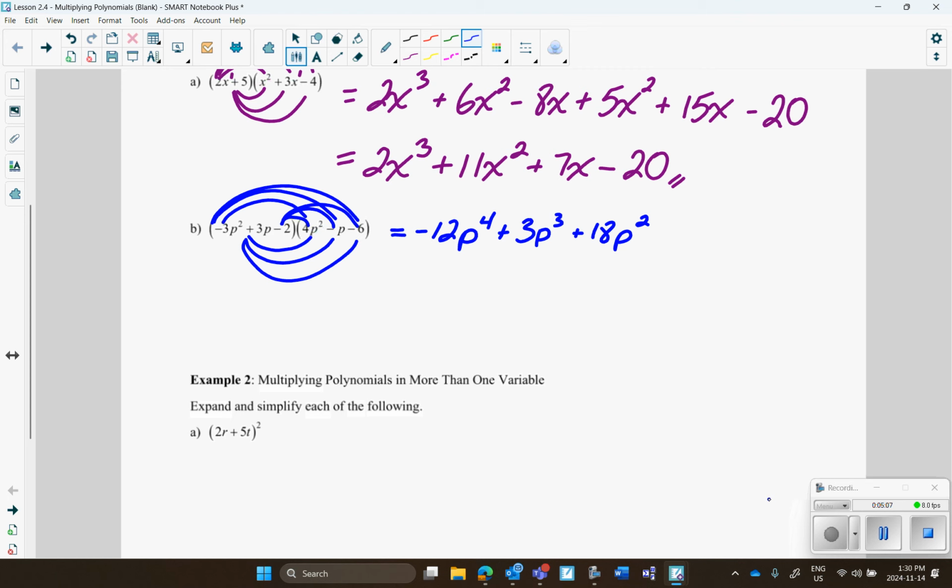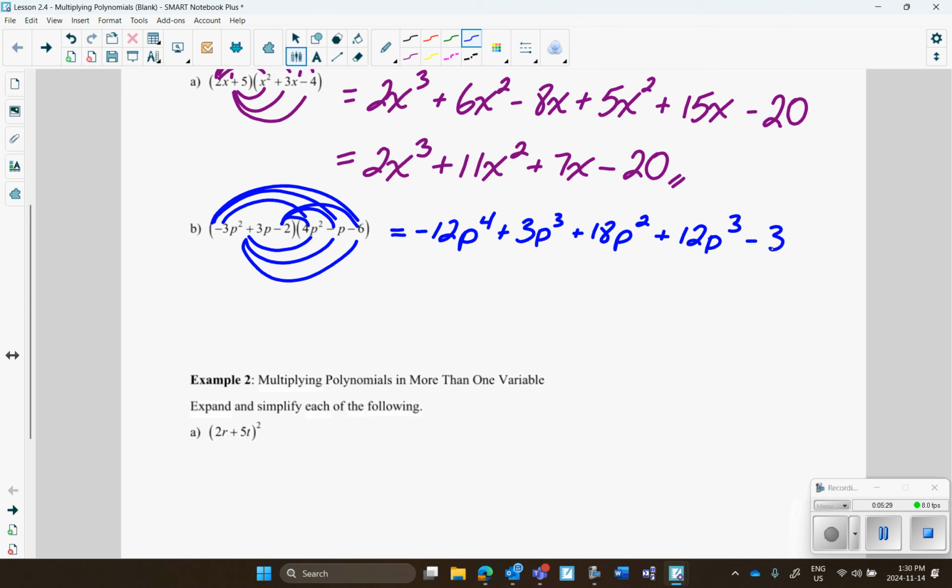And now we've got to go back to the 3p and run it through everything in the second set. So what are the three I get when I do my three multiplications? Plus 12p cubed.